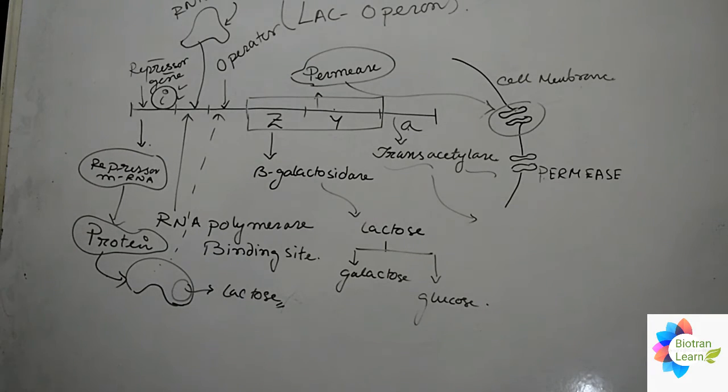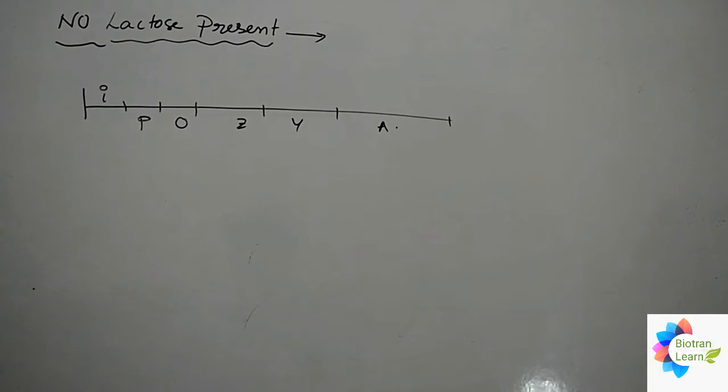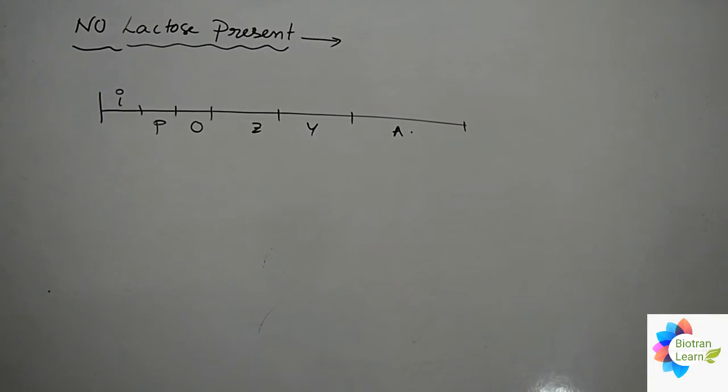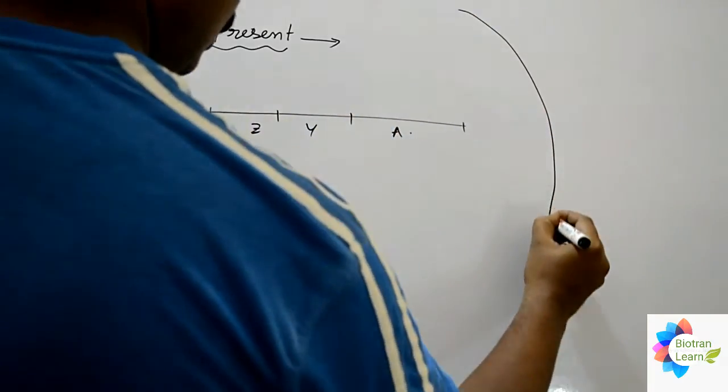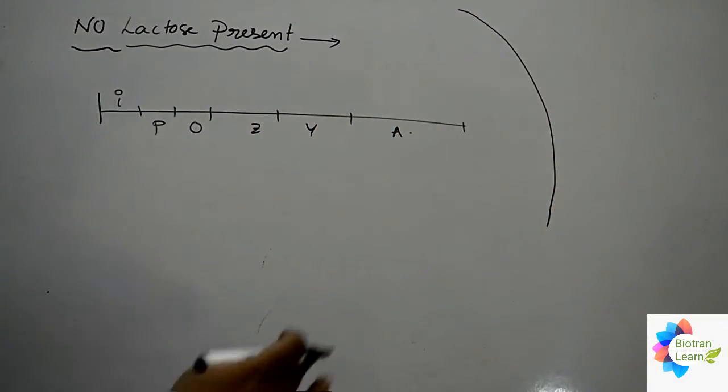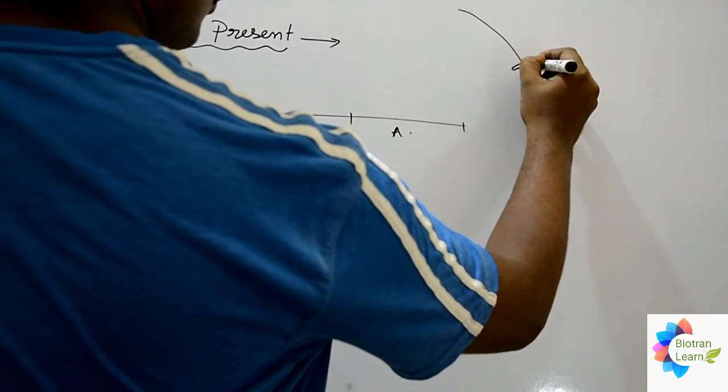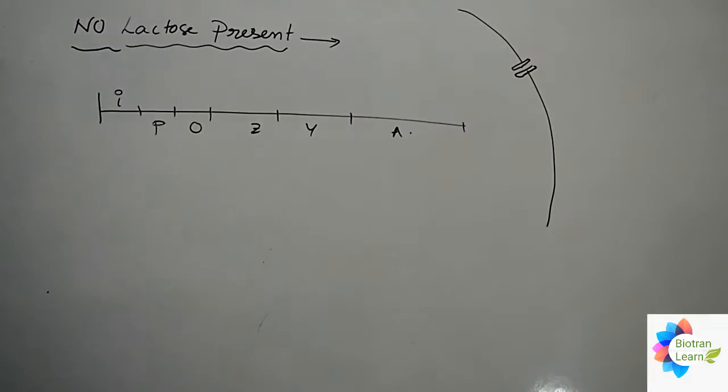So we will go for these two gene regulations here. Okay, let's move on to our structure and see what happens when too much lactose is consumed, and what kind of gene regulation is observed in this case. Now when there is no lactose in a cell, or a small amount of lactose, there will be some amount of permease which will allow a certain amount of lactose to come in.